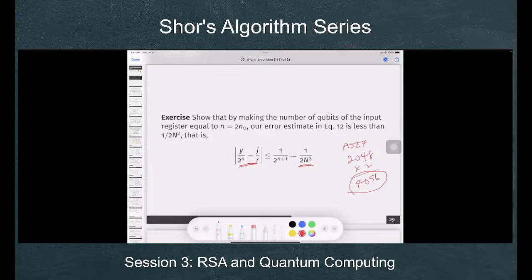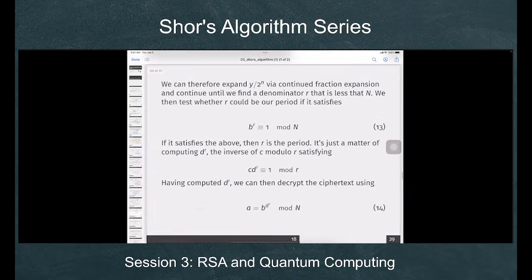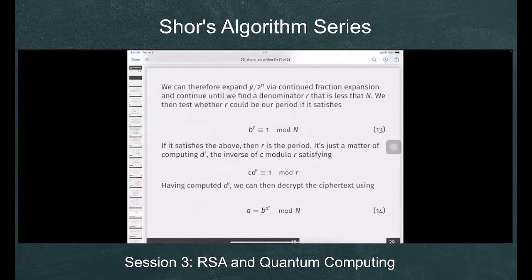Since n is a very, very big number and you multiply it by itself and then invert it, it's very, very small, so the error is so small, which makes your estimate better. Because of the theorem, we can therefore expand y over 2 to the n via continued fraction expansion.